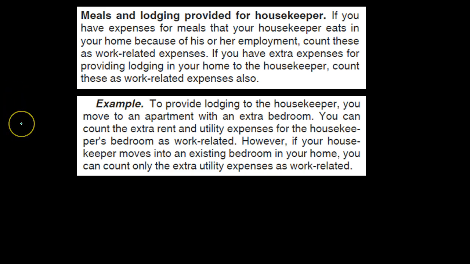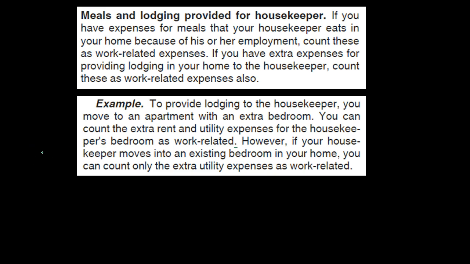Example, to provide lodging to the housekeeper, you move to an apartment with an extra bedroom. You can count the extra rent and utility expenses for the housekeeper's bedroom as work-related. So clearly in that case, they're basically saying, hey, this extra room that we're now paying more for is part of the compensation and therefore work-related.